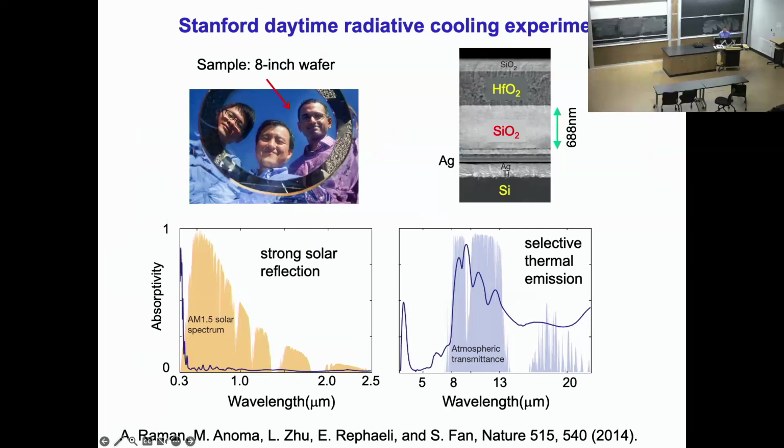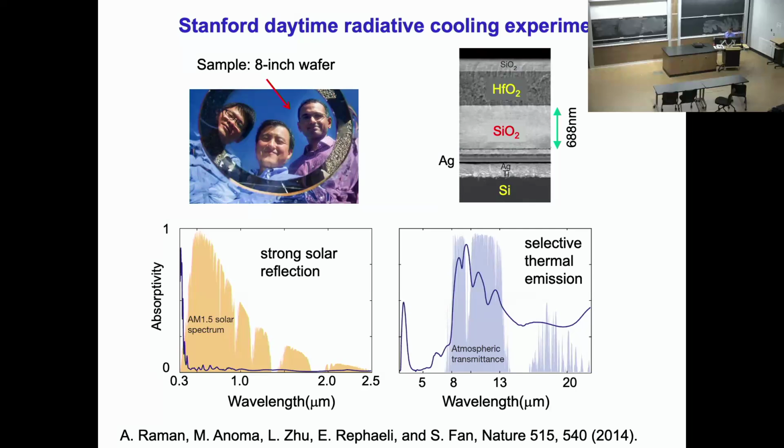On top of a silicon layer, we put a layer of silver, and that was the reflector. On top of the silver layer, we put multi-layers of dielectric. Here, the primary thermal radiator is silicon dioxide. The silicon-oxygen atoms oscillate like this, and that emits thermal radiation near 10 micron.